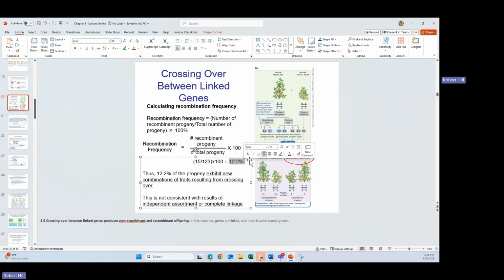Now, that value is important because from here on out, we're mostly going to work with recombination frequencies and map units, and how that corresponds to map units on a chromosome to look at linkage and do crosses and things like that.